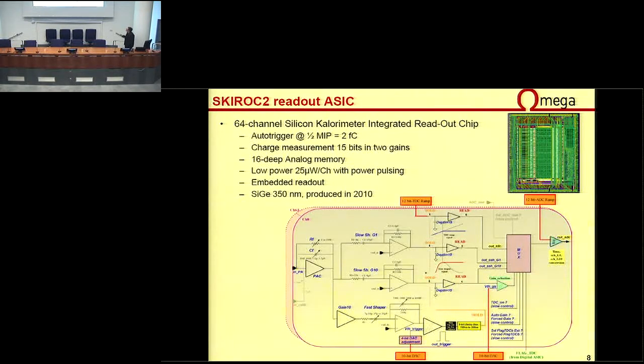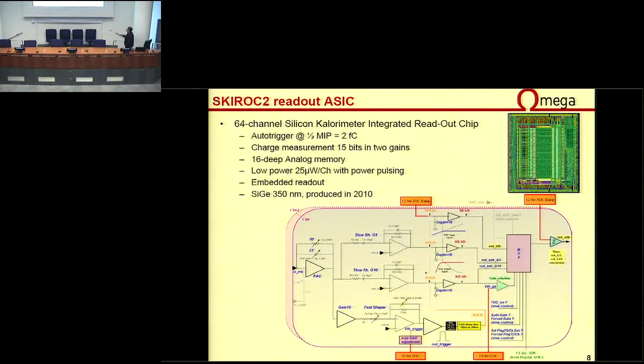analog front end is made of a charge preamplifier, where you can tune the gain by changing the capacitance, which is followed by a fast line, so a fast shaper, which is compared to a selectable threshold, and which gives you a trigger. And you have 2 slow channels with different gain, 10 and 1, which give you a charge information.